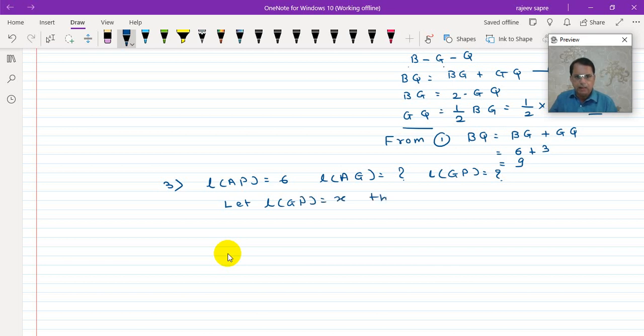Then by centroid property, what you know, length of AG will be 2x.